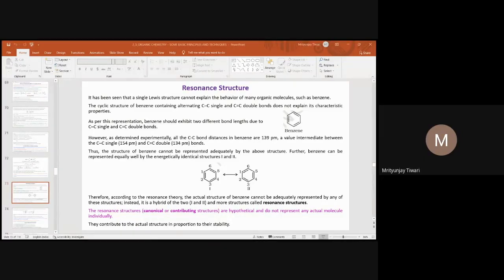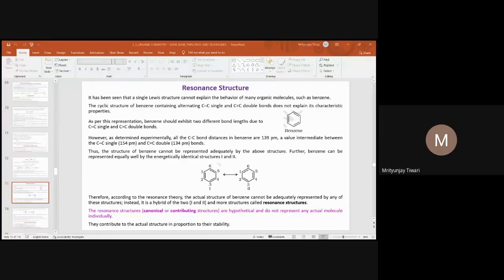This we have seen: the inductive effect is shown as the I effect, which can be plus I effect or minus I effect. The resonance effect is shown as the R effect, which could be plus R or minus R. Similarly, the mesomeric effect, which is also the resonance effect, is shown as plus M, minus M. Now we also see the electromagnetic effect.